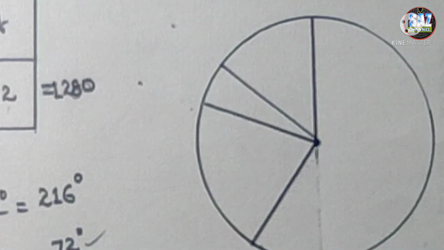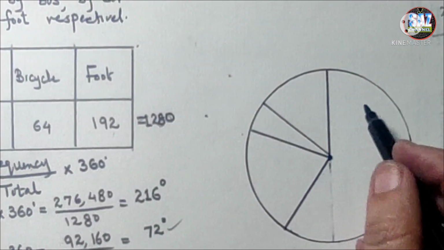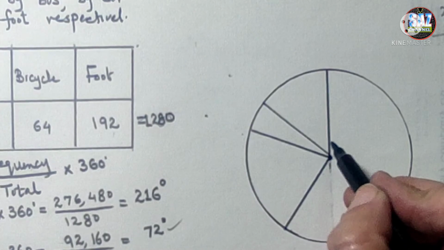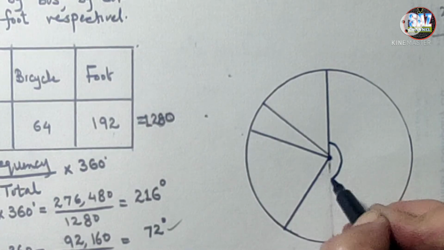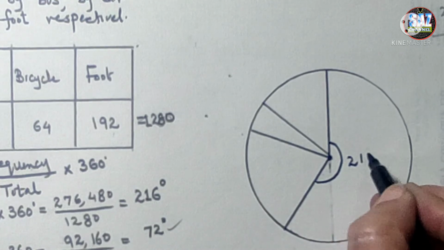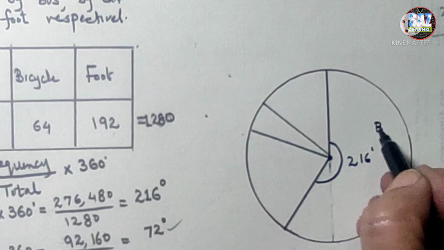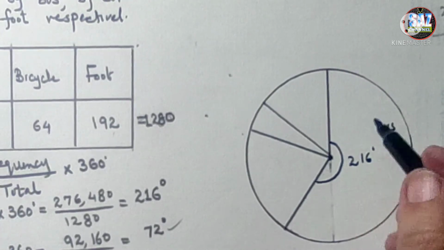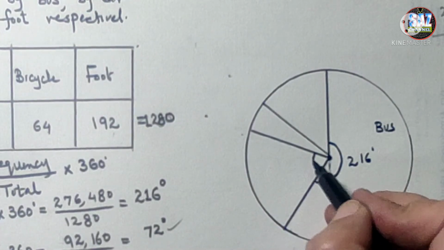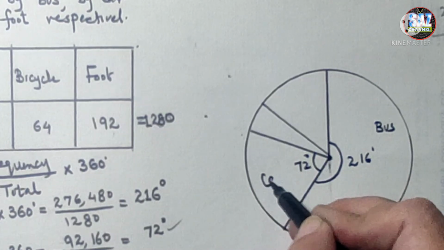So this is how you are going to construct your pie chart. Now the sector for bus has 216 degrees. Let me mark the sectors and their angles as well. 216 degrees, and this is for bus. Then the next is 72 degrees, and this is for car.